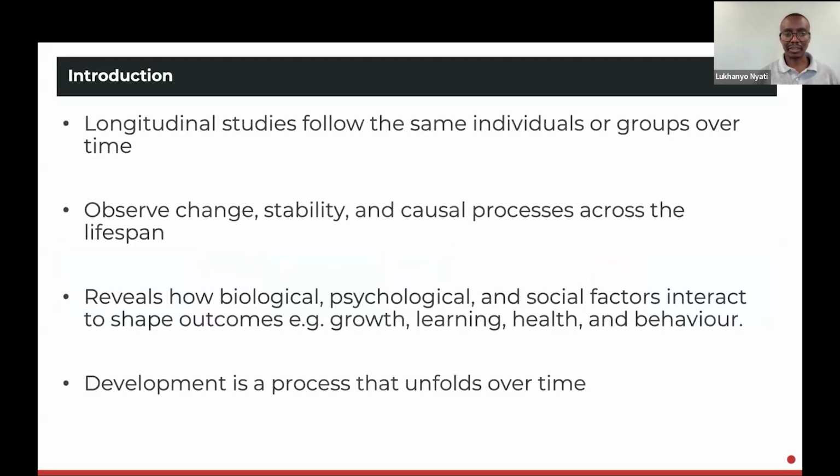Now, just to remind us why we do these types of studies, longitudinal studies, as a definition, they follow the same individuals or groups over time, and they're useful for observing change as well as stability, and also in terms of inferring causal inference.